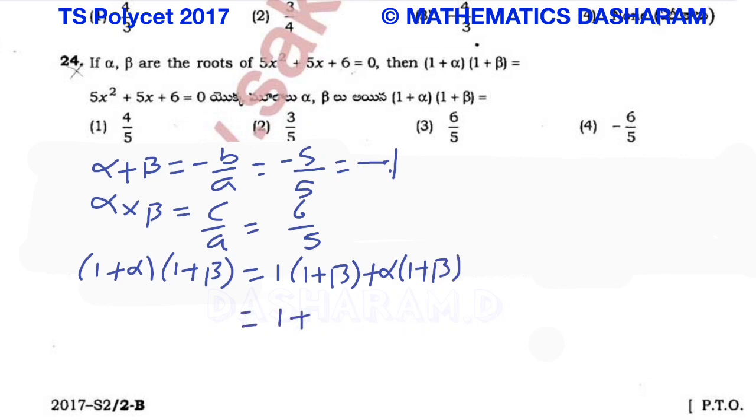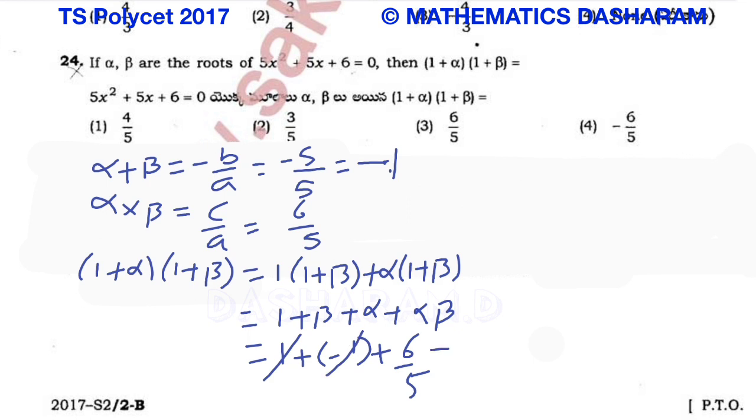So 1 into 1 plus beta plus alpha into 1, alpha and alpha into beta. So 1 plus beta plus alpha means alpha plus beta, that value is minus 1. Next alpha into beta, that value is 6 by 5. Plus 1 minus 1 cancel, it equals 6 by 5. Here option 3 is correct.